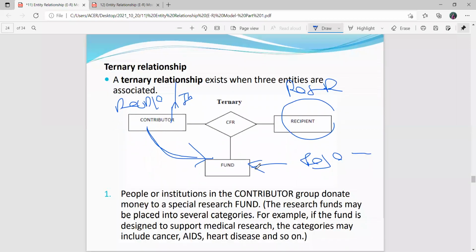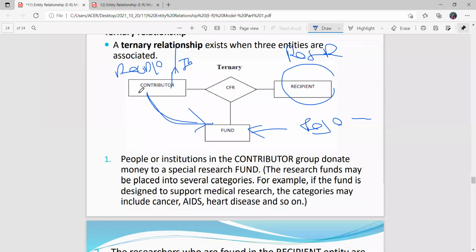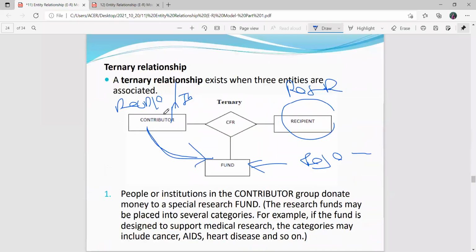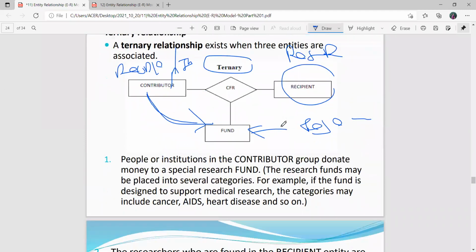So the researchers receive this fund. People donate to the fund, and researchers use this fund for their research work. So at this time you can see there are three entities getting together to form a relationship. This kind of relationship is known as a ternary relationship.